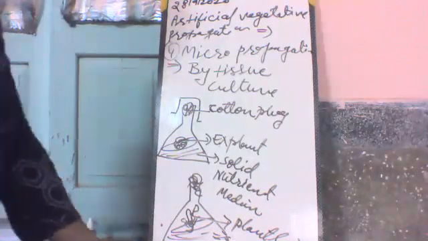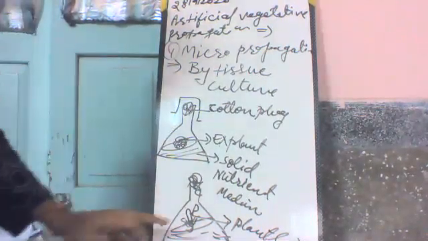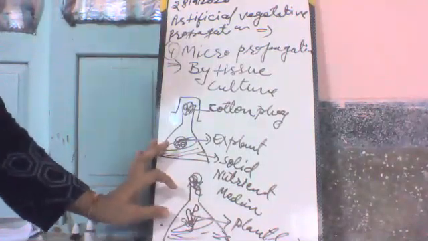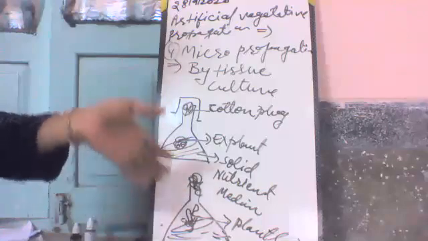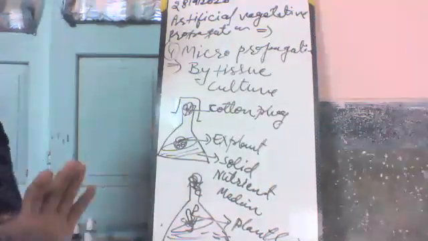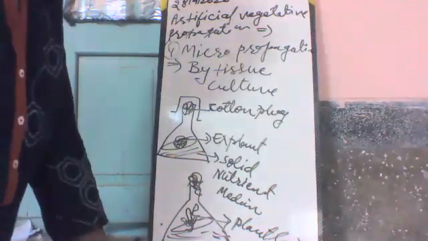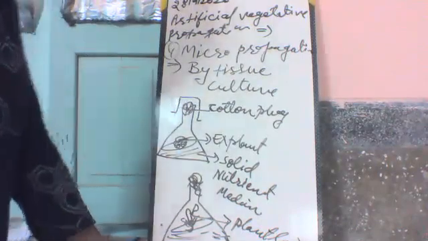After 4 to 6 weeks, the plantlets are transferred to the soil. Take it out and plant it into the soil. This can be used to develop and multiply disease-free stock.